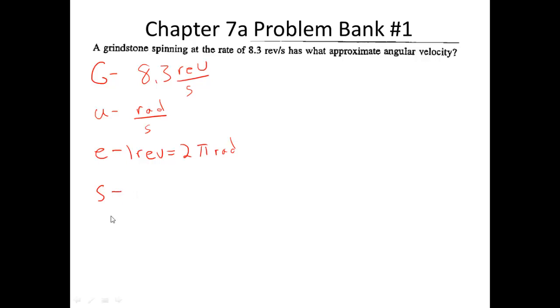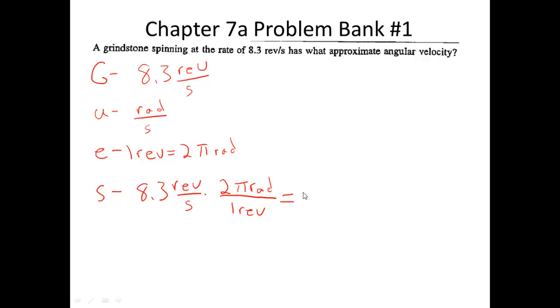So we substitute, but we are just converting 8.3 revolutions per second. We're going to multiply that by 1, and anything divided by itself is 1, so we can say that 2 pi radians is 1 revolution. Again, these two things are equal, and anything divided by itself is 1.